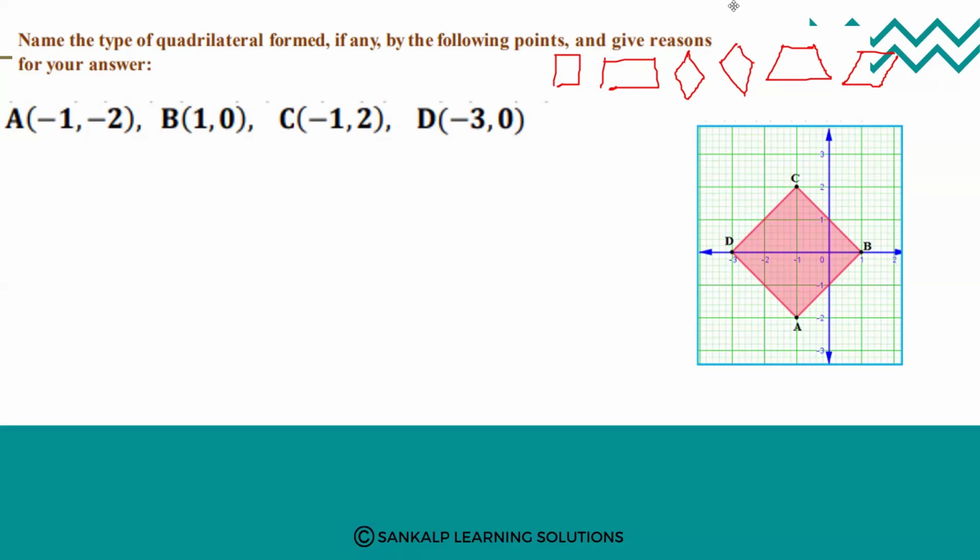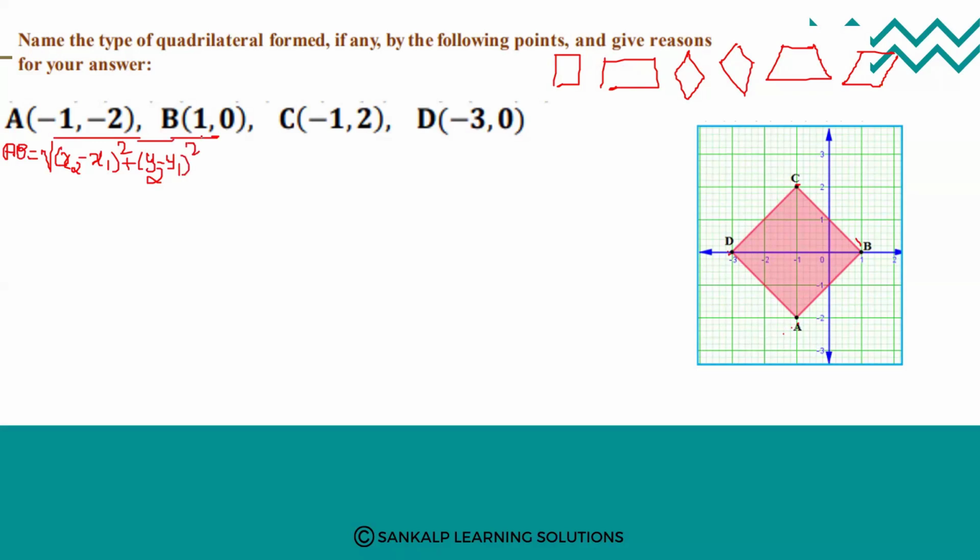So for that again we have to check the distance between 2 points: AB, BC, CD and AD. AB is equal to square root of x2 minus x1 whole square plus y2 minus y1 whole square.